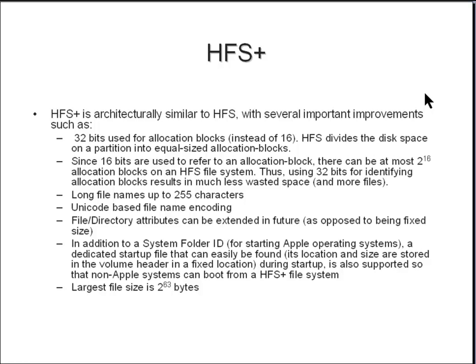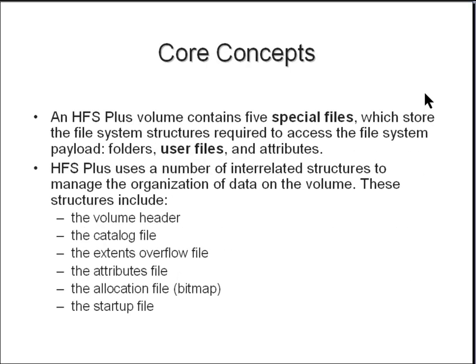And finally, the largest file size is now 2 to the 63rd bytes. Very, very large files. Later on, we'll see a comparison between HFS and HFS Plus in terms of file sizes and volume sizes. So some of the core concepts you need to understand: an HFS Plus volume contains 5 special files which store system structures required to access the file system payload, which includes folders, user files, and their associated attributes.